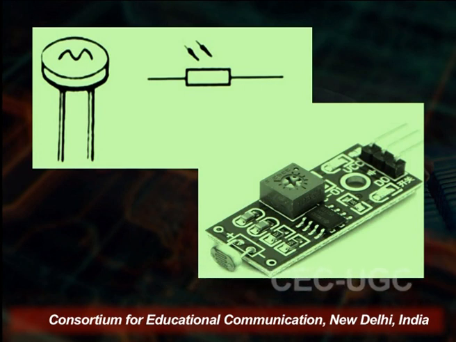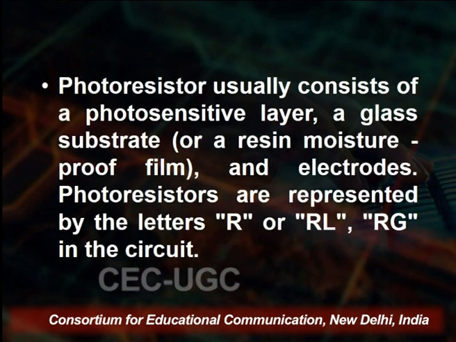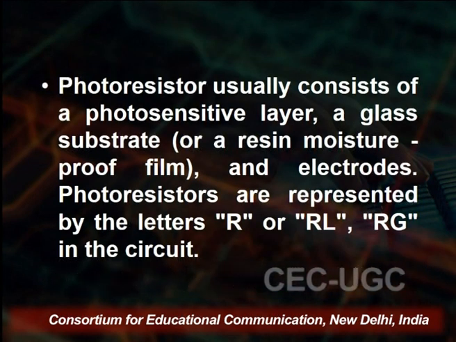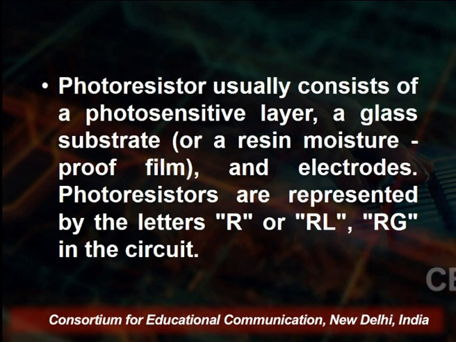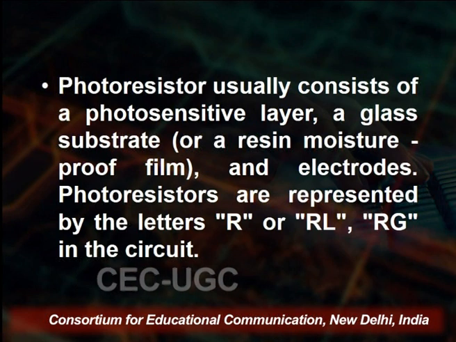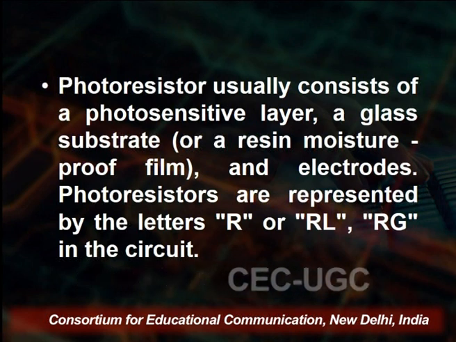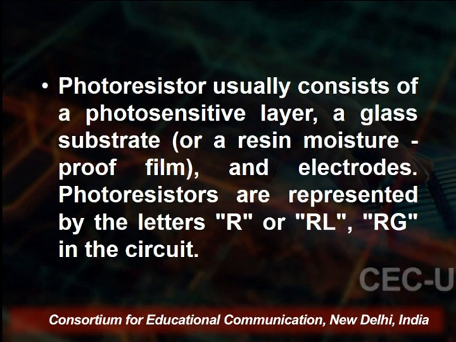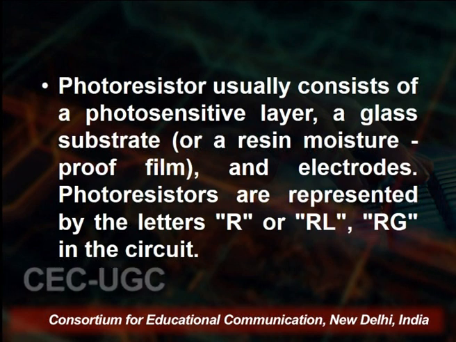Basically the semiconductor material is sandwiched in a mask. A photoresistor usually consists of a photosensitive layer, like a glass substrate, or a resin moisture-proof film, where we put the material and the electrodes.